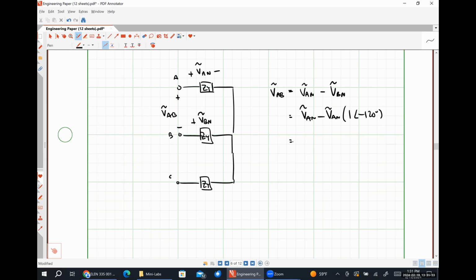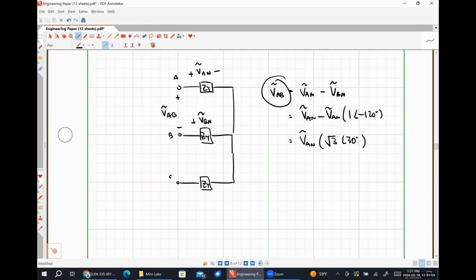Isaiah, do me a solid and tell me what 1 minus 1 angle negative 120 degrees is. Yep. You can put it in your calculator if you want to verify that. So now I have this voltage VAB.